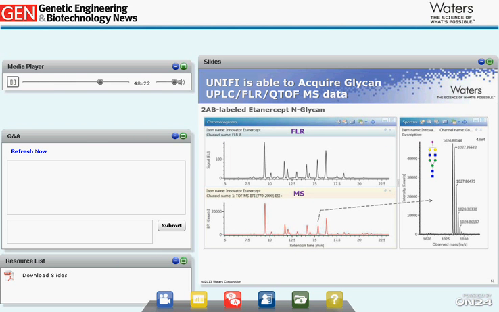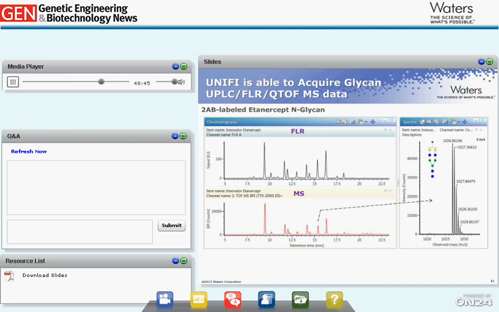The top chromatogram is fluorescence, and the bottom is base peak intensity mass spectrometry. I zoom into a particular peak and look at the m/z value, that this is the G2S1 peak, and it gives you the mass confirmation to verify this is the correct assignment.